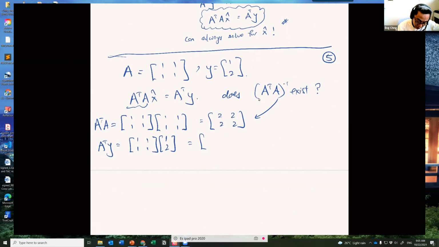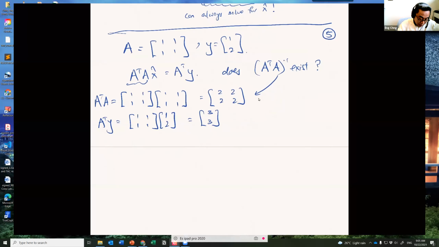This equals 1 plus 2 is 3. 1 plus 2 is 3. So A transpose Y is 3, 3. Therefore, now we solve A transpose A x hat equals 3, 3, which is A transpose Y. So you are saying that I can't solve for this, but of course now you can see it this way.